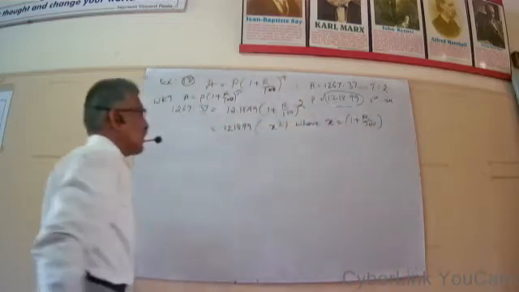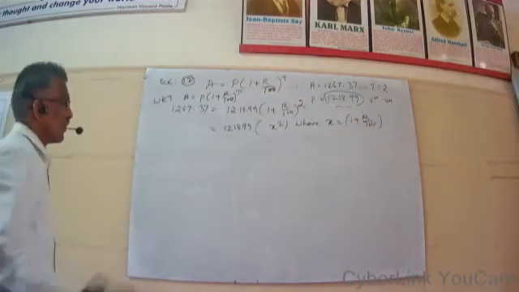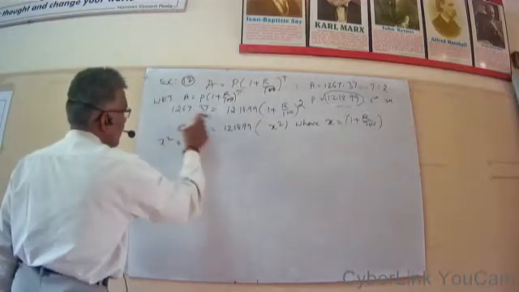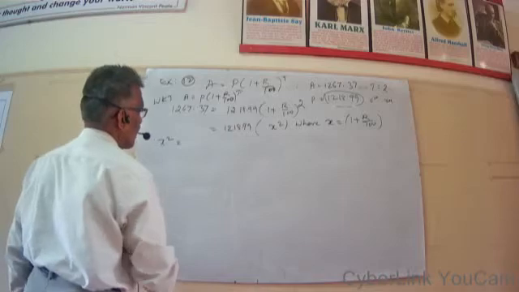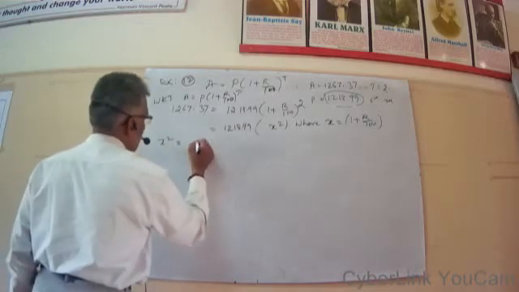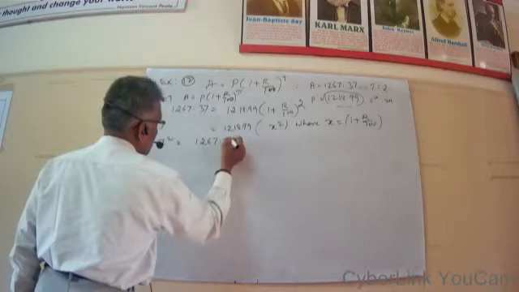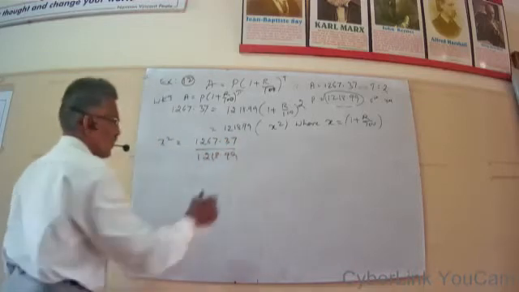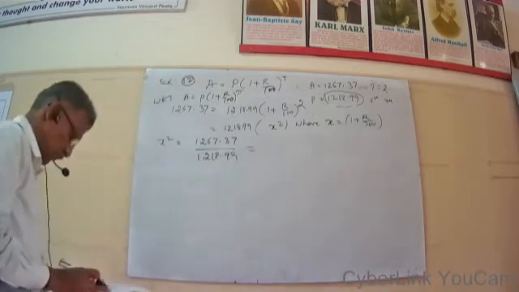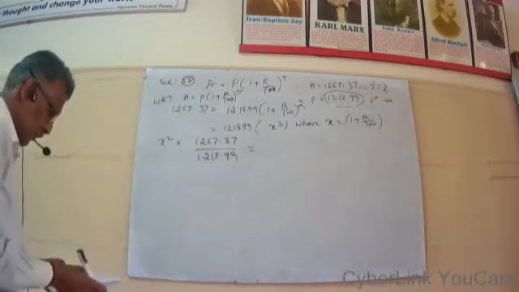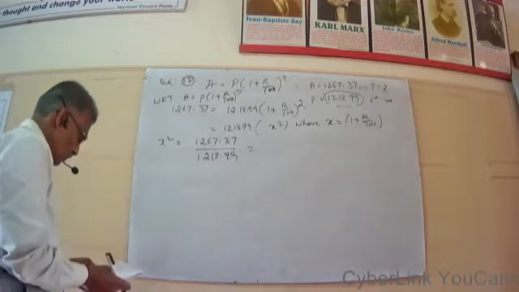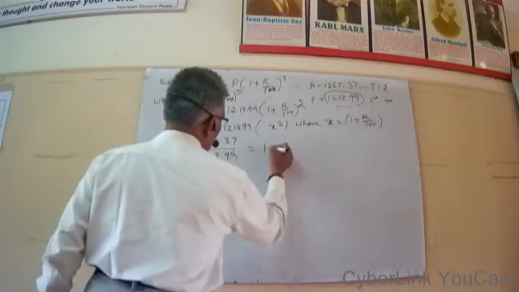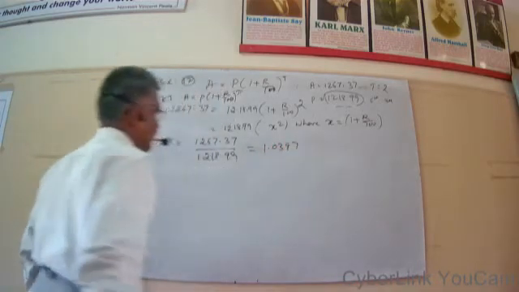Keep this as x. So x squared equals this divided by this, right? x squared equal to 1267.37 divided by 1218.99. This gives you 1.0397.